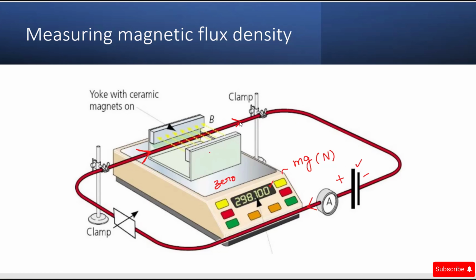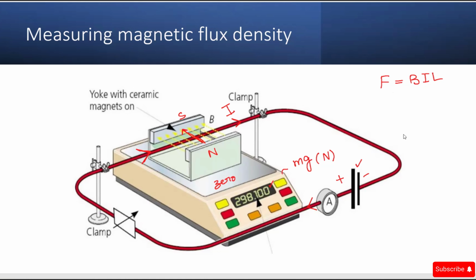So this is the direction of current in this wire. Here we have a north pole, and this one is the south pole, so magnetic field lines are like this. You can see here that the magnetic field and current are perpendicular to each other, so the magnetic force F is equal to BIL in this case.